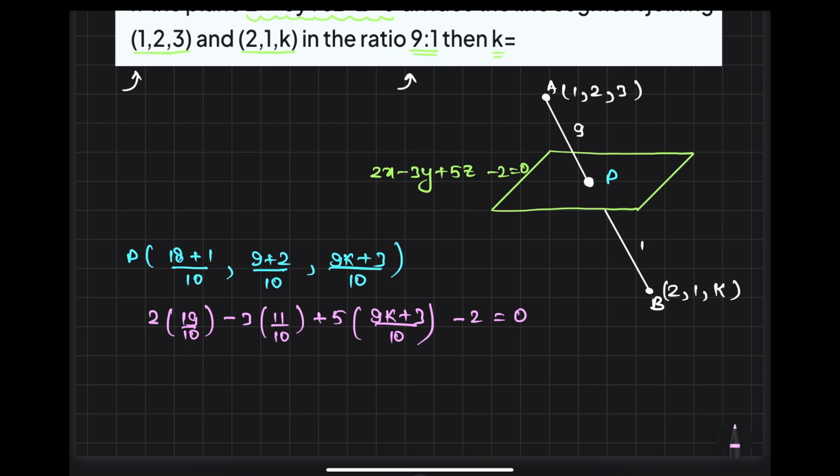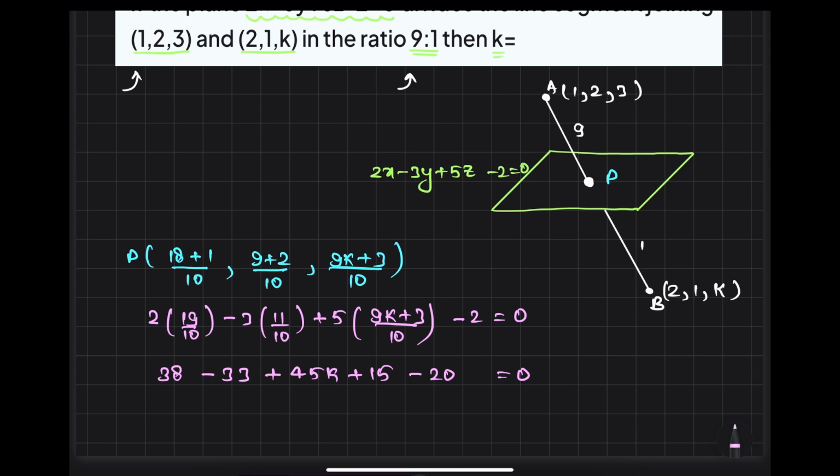Now I will multiply both sides by 10. So it is 38, minus 33, plus 45k plus 15, minus 20. Now try to find the value of k.